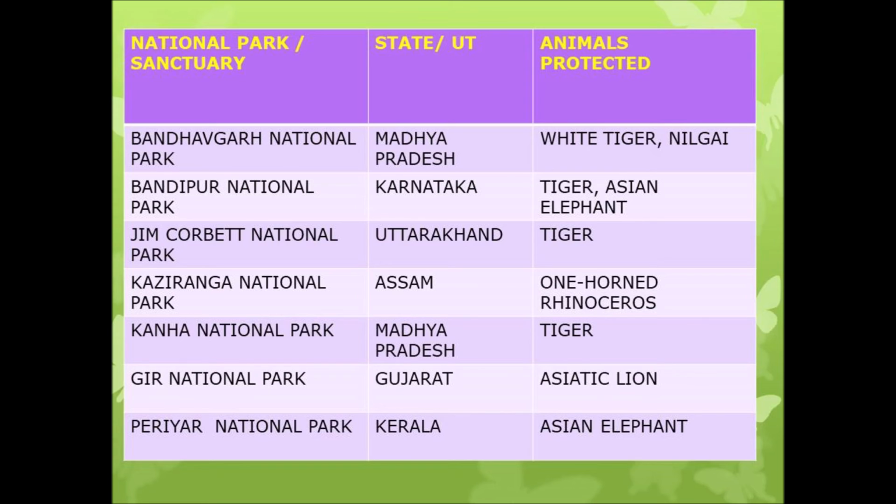The next one, Kanha National Park, which is located in Madhya Pradesh. So where is it located? Madhya Pradesh. And which animal is protected there? Tigers are protected in Kanha National Park. The next one is Gir National Park, which is located in Gujarat, and the animal protected here is the Asiatic lion.